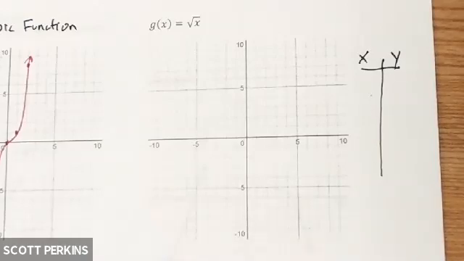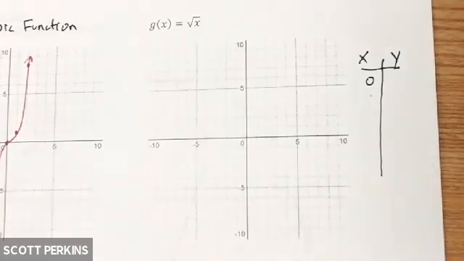So what that means is the first x value that I'm going to pick is going to be 0. And then my choice of x values, I am fundamentally lazy when it comes to math. I don't want to do more work than I need to. So I'm going to pick numbers that have a good square root, so I avoid decimals and simplifying. I don't want to do any of that.